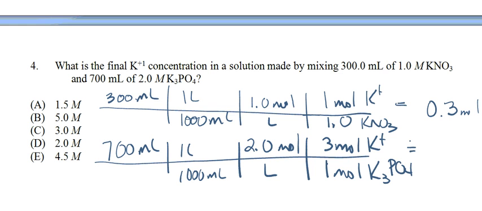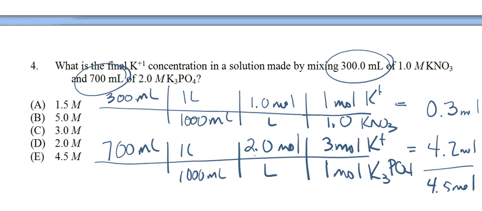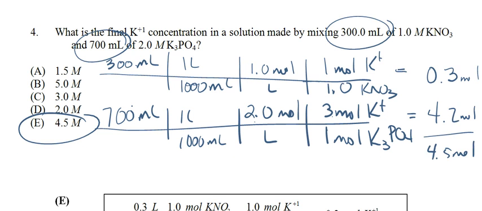So we've got 3 times 2, which is 6, times 0.7, so 4.2. Add that up, 4.5 moles, and our total volume, 300 plus 700 milliliters, equals 1 liter. So we should have E, 4.5 molar solution.